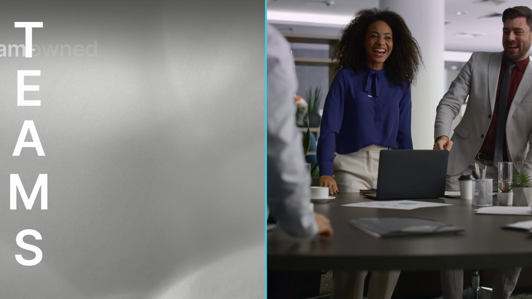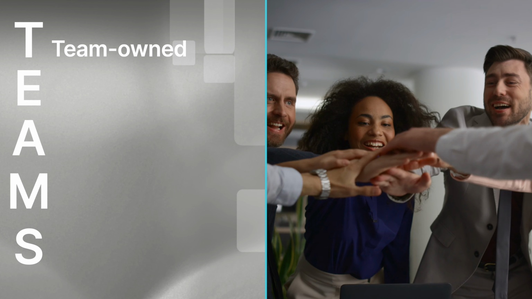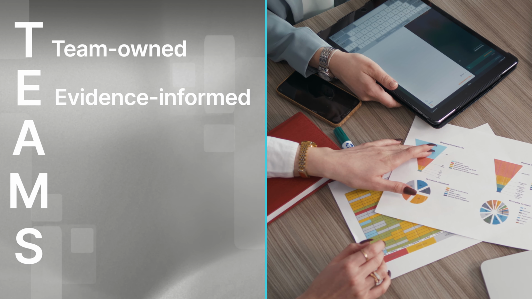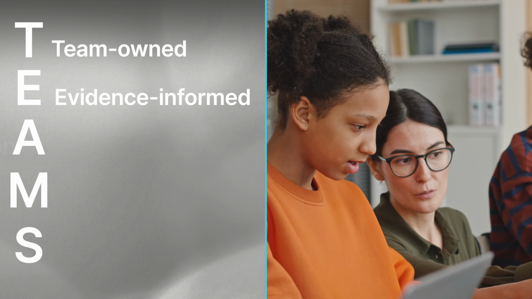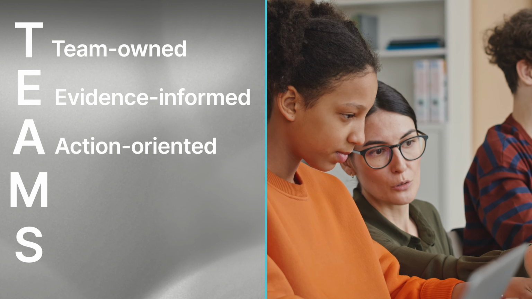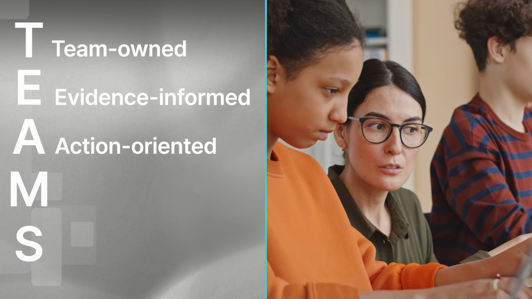So I came up with a goal-setting framework called the TEAMS framework. It looks like this. T is for team-owned, developed by the team, not for the team. E is evidence-informed, based on data that we collect as a team. A is action-oriented, so this is specific practices that we're going to all start doing as a team.